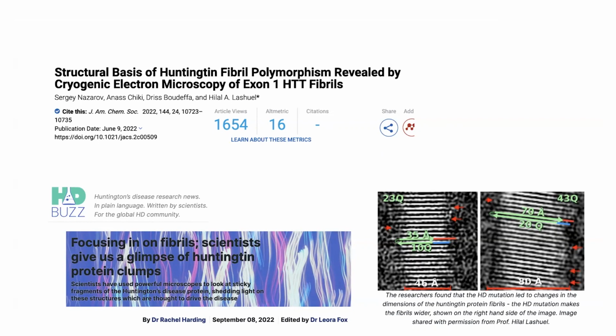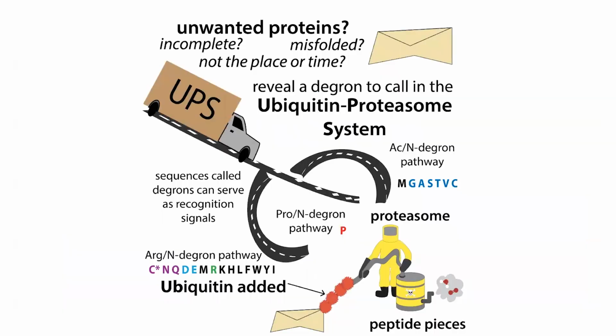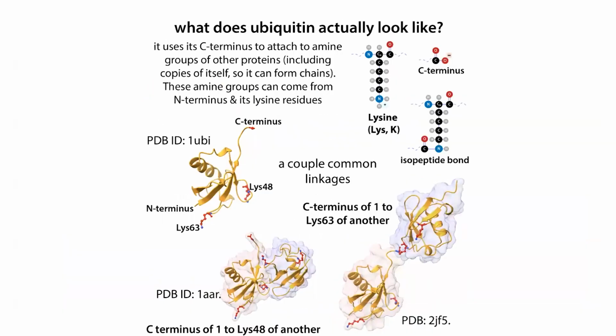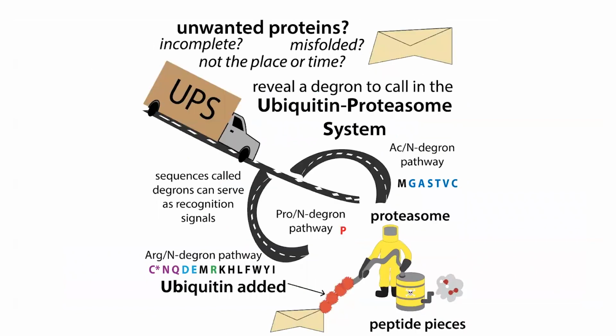So sometimes your cells can try to handle the aggregates through methods like using the ubiquitin proteasome system. So basically putting this little protein called ubiquitin onto the ends of proteins that they want to degrade, then taking those proteins to the protein shredder in the cell called the proteasome, where those proteins can then get degraded.